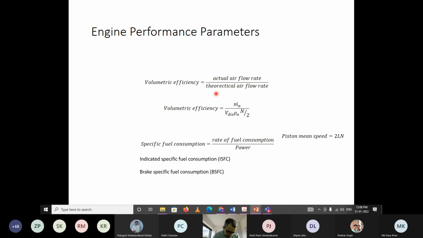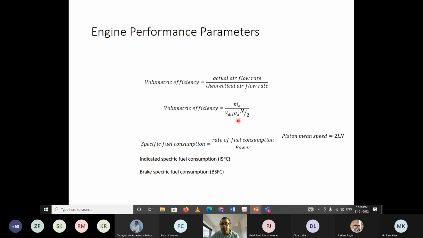Then we discussed volumetric efficiency. What is called volumetric efficiency? It is the ratio of the actual air flow rate to the theoretical air flow rate. The theoretical air flow rate means the maximum capacity of the engine to accommodate air.